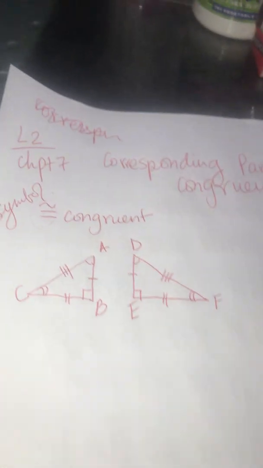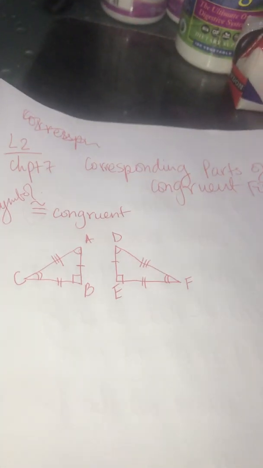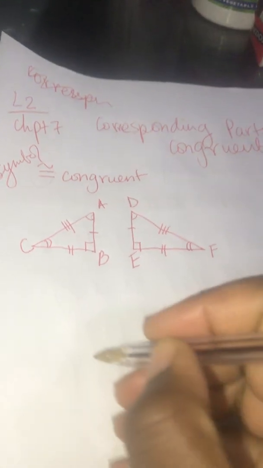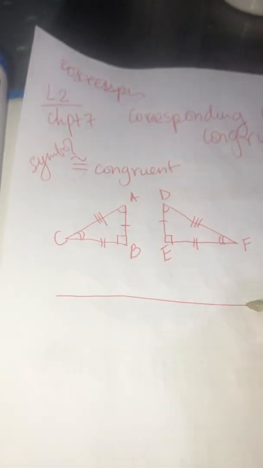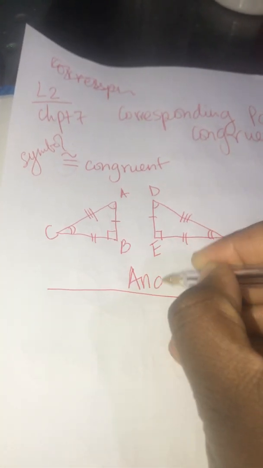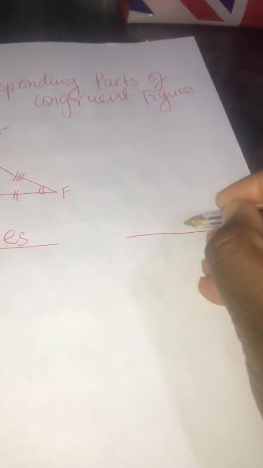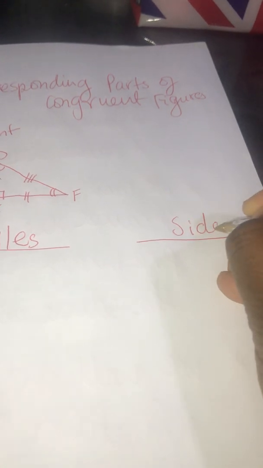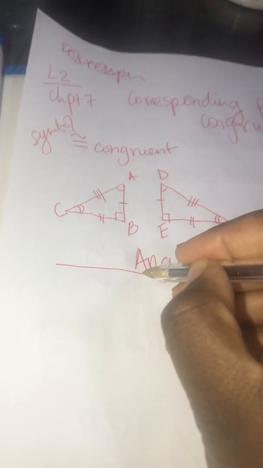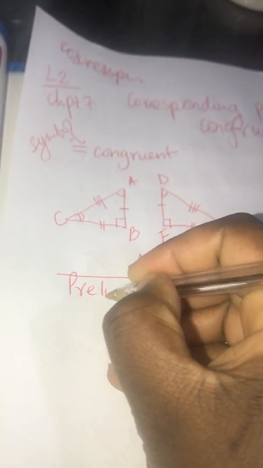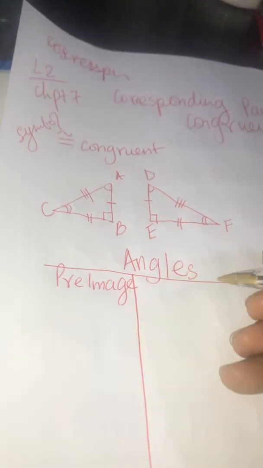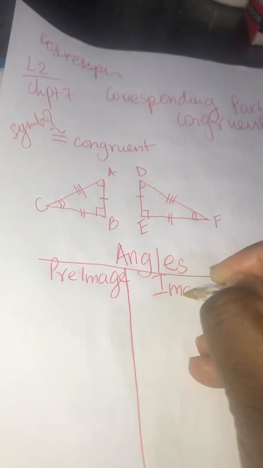all right. So when you're writing congruency statements, you will need to do 2. You will need to do 1 for the angles, and you will need to do 1 for the sides. Then you're going to divide them into 2. You're going to do the pre-image, and then the image over here.